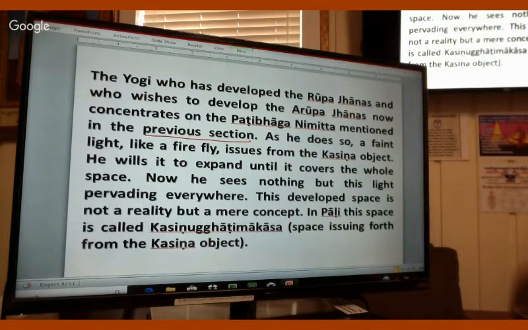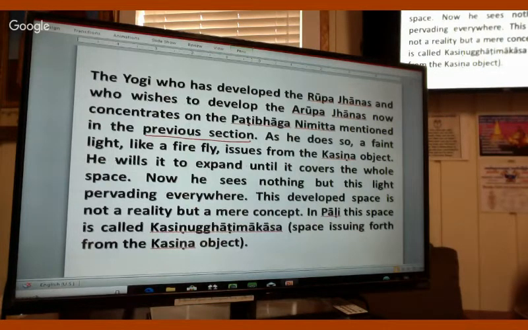That image comes from the kasina object that you practice: pathavi kasina, apo kasina, tejo kasina, vayo kasina, or any kind. You practice that kasina and then you get the light in the mind.